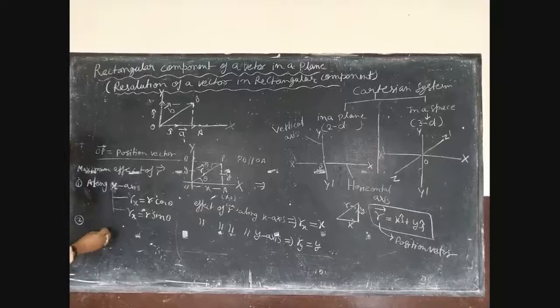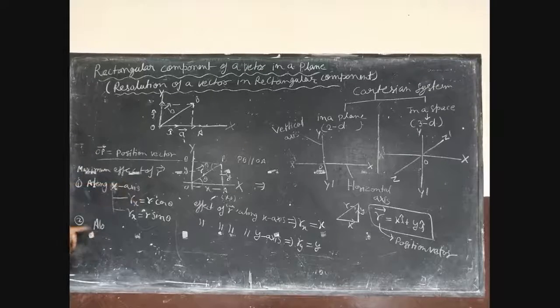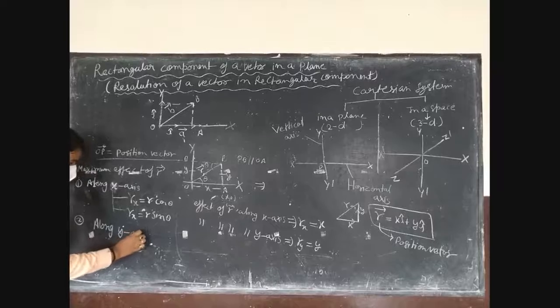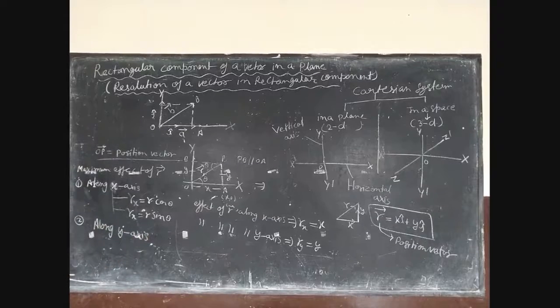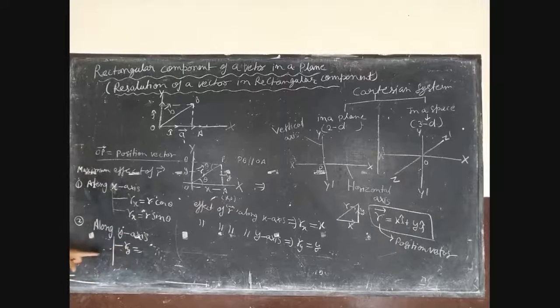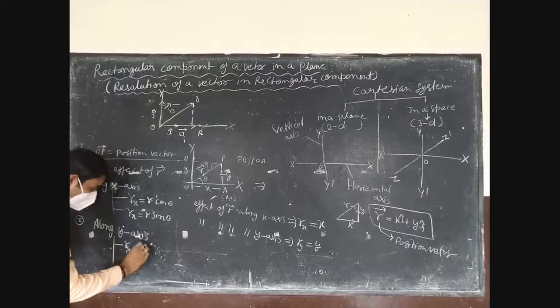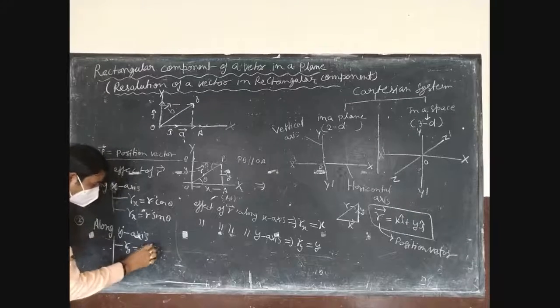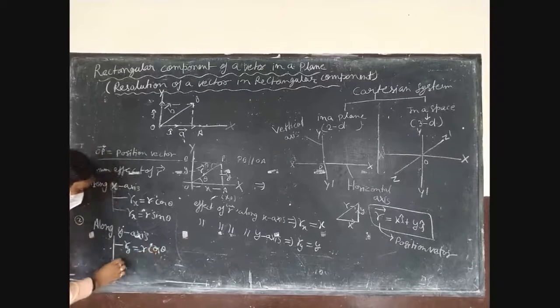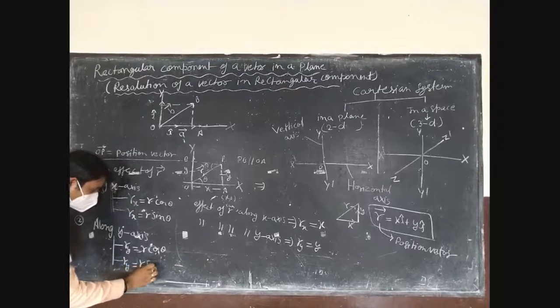Second is the maximum effect of vector R along the y-axis. Again we have two situations: Ry is R cos theta, or Ry is R sin theta.